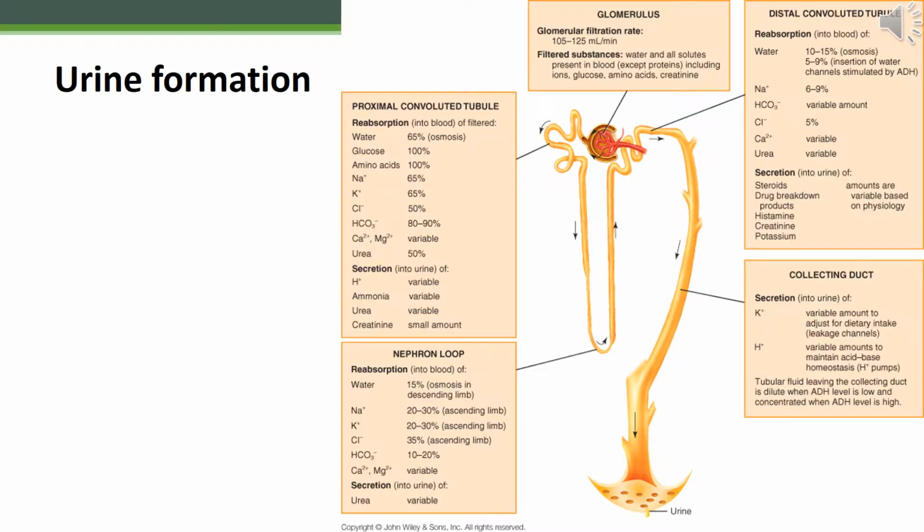At the distal convoluted tubule, it's also involved in reabsorption, and very important to the removal of urine from the blood is the fact that the distal convoluted tubule is the part of the nephron responsible for secreting steroids and drug breakdown products. And then at the collecting duct, it's just involved in secretion of either potassium ions or hydrogen ions.